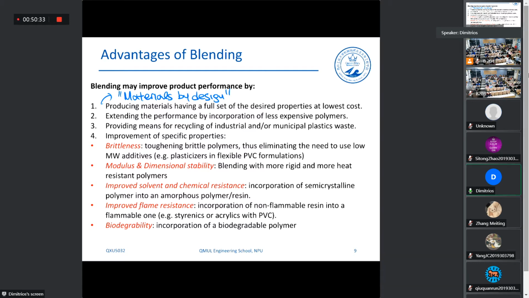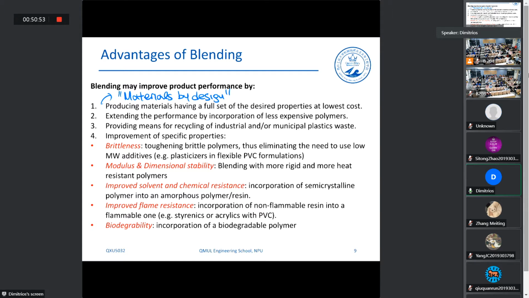A simple example, let's say, is having a very cheap polymer and wanting to use this polymer in an electrically conductive application. How do we do that? We need to include an electrically conductive filler.